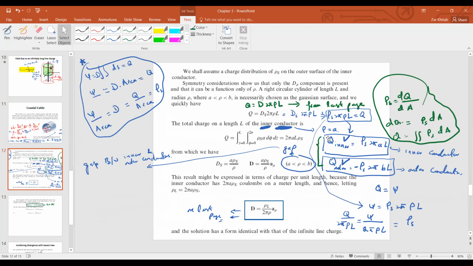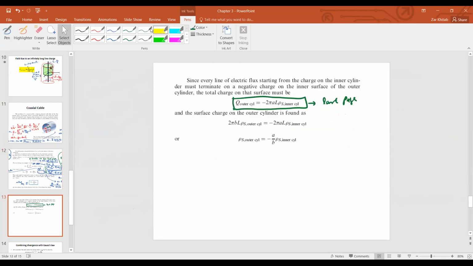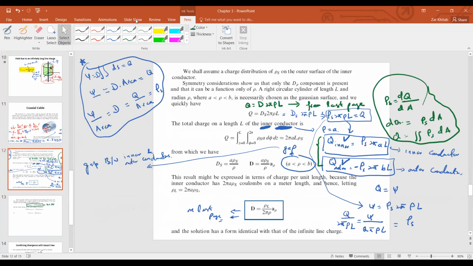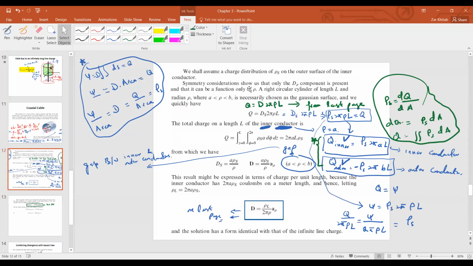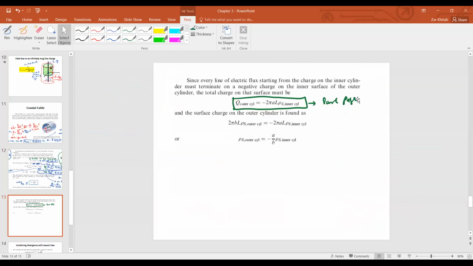Combining these two equations from the last page, we get that the charge on the outer cylinder, Q outer, is equal to minus 2 pi A L rho S of the inner cylinder.